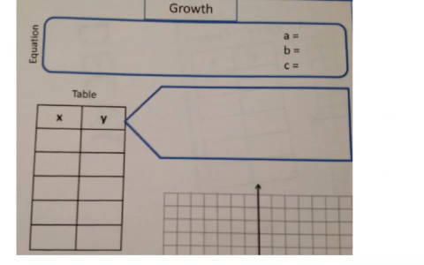Okay, so let's go ahead and start talking about growth. So for our equation for growth for this whole example, we're going to use y equals 2 to the x. So whenever you have growth, your b value is a whole number.